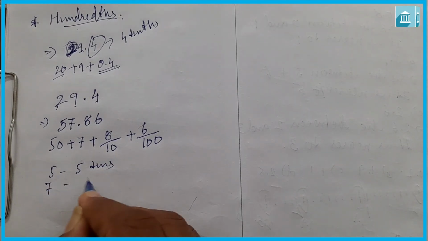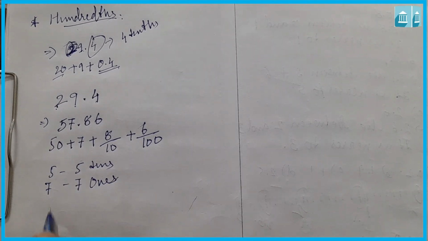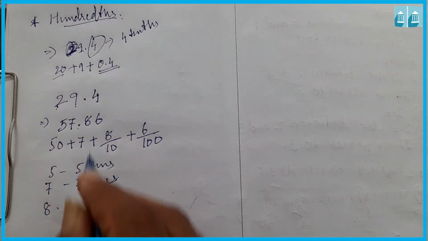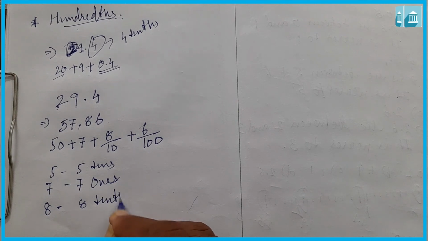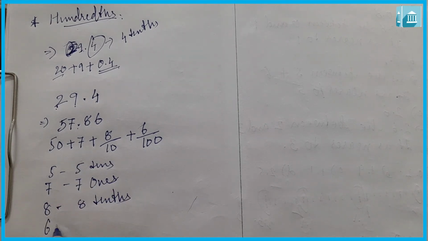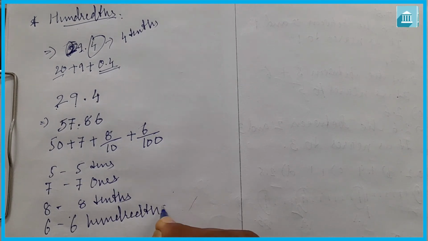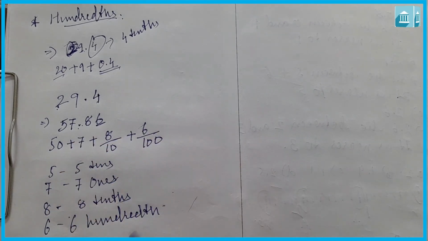Place value of 7 is 7 ones. Place value of 8, in 0.86, is 8 tenths. And place value of 6 is 6 hundredth. So hundredth is the place after tenth.